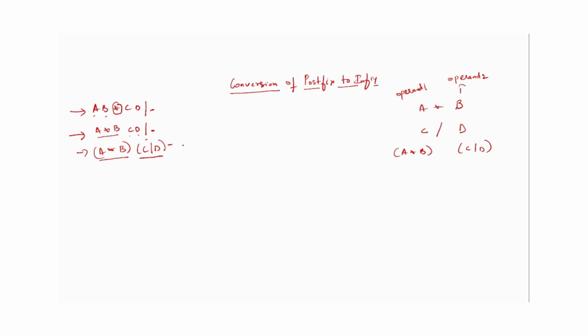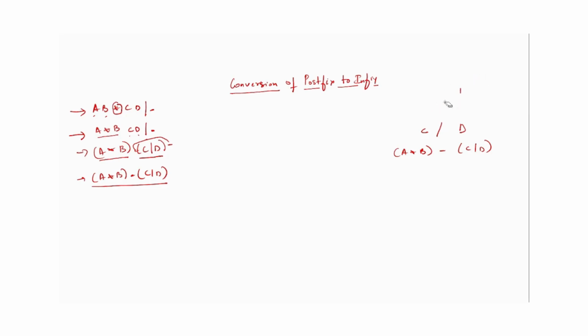So now I will put minus between these two. So this will be my infix expression: A star B minus C by D would be my infix expression for this postfix expression.